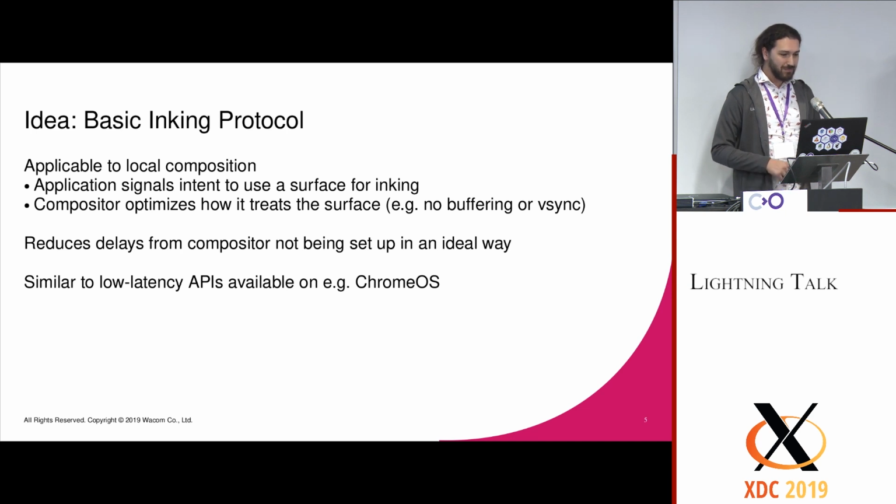That could mean disabling VSync if possible, rendering directly to a frame buffer or some kind of overlay plane. This is just going to reduce those delays, possibly not getting all the way up to the cursor, but reducing that 75 millisecond delay significantly. And like I said, some of these low latency APIs are already available on other systems, and it'd be nice to have that in Wayland.